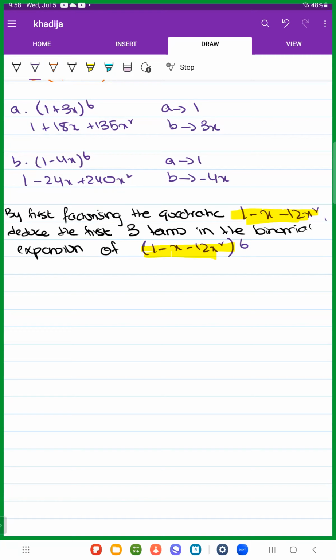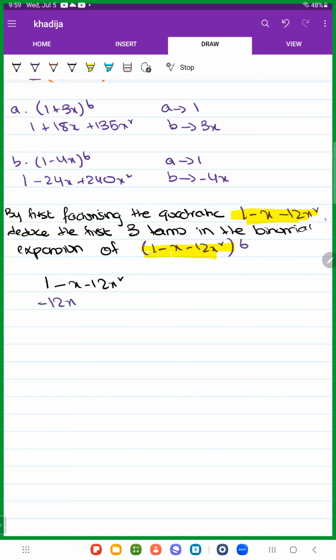We do not know how to expand 3 terms in an expression, it has to be 2 always. We only know expansions for 2 terms. So initially you will have to factorize this. How can you factorize this, Khadija? Find the x values. Oh no, that's minus 12x squared. Never mind. Take out the 12.